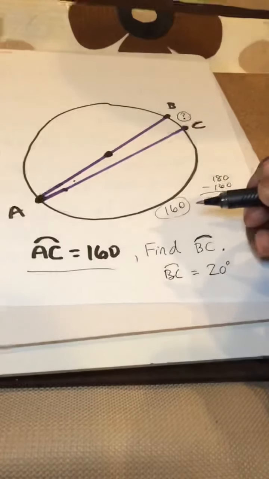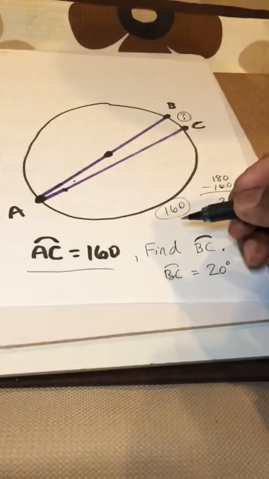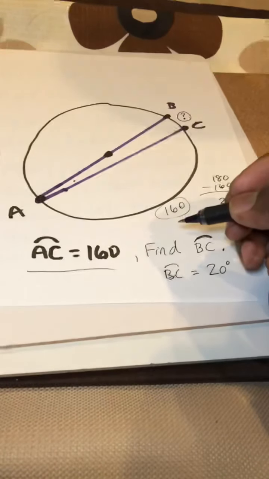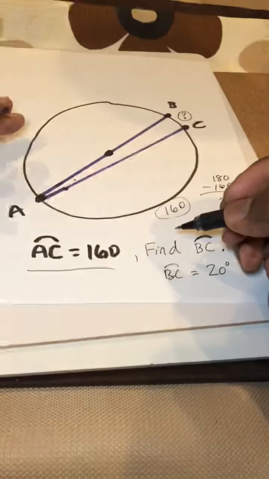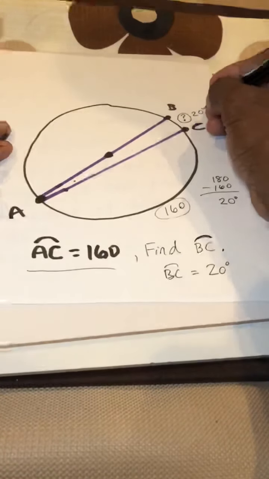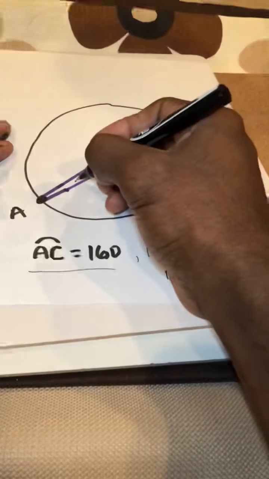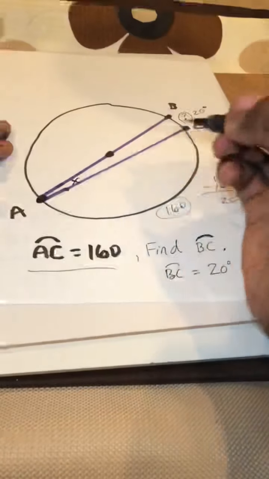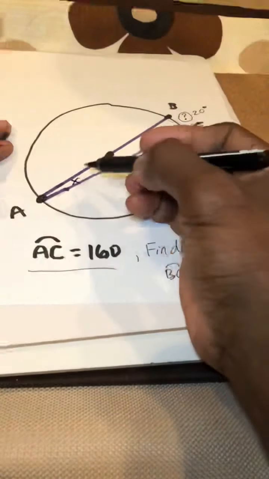Now, it is true that if this is 20, there may be a part B that asks you to find the angle X. So let's say this is 20, then what would that angle be?